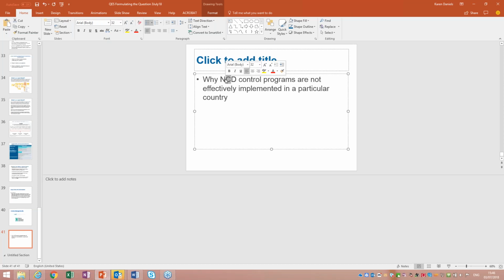Okay, so I don't know if you can see my screen, but if I were looking at that question, one of the things I would think about is, how do I go from the particular to the general? You're looking at a particular country.